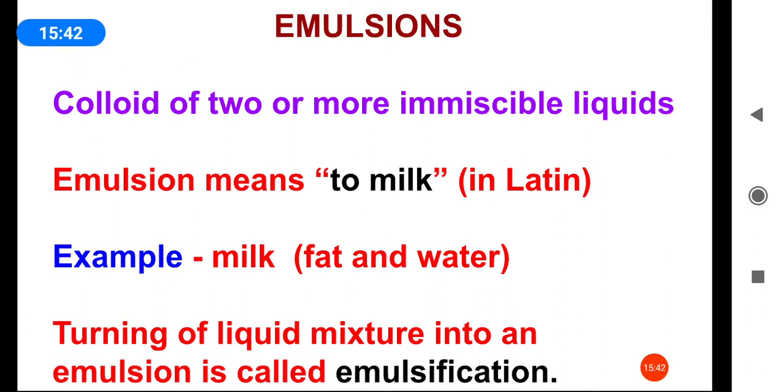In simple words, emulsions are colloids in which both the dispersed phase and the dispersion medium are liquids. Oil and water mixtures are emulsions. Turning a liquid mixture into an emulsion is called emulsification.